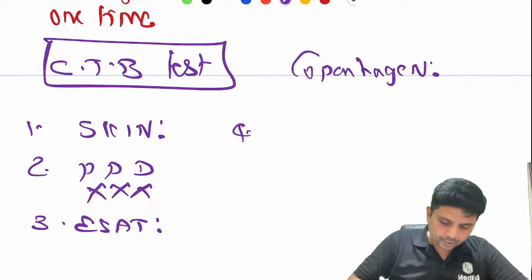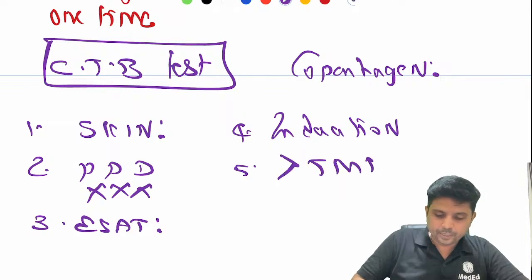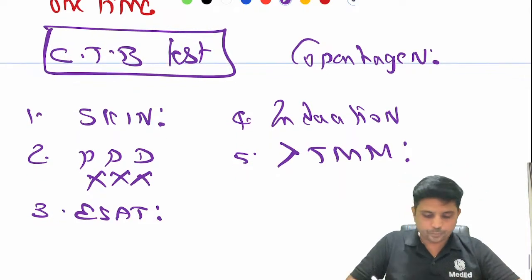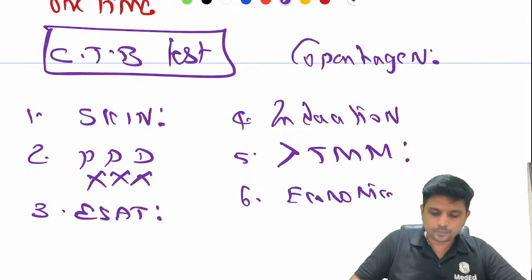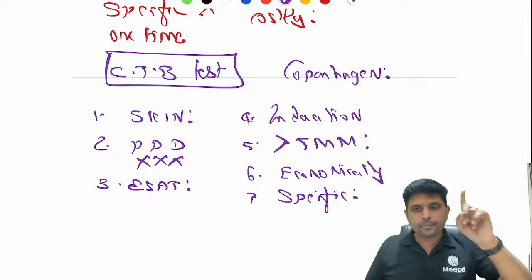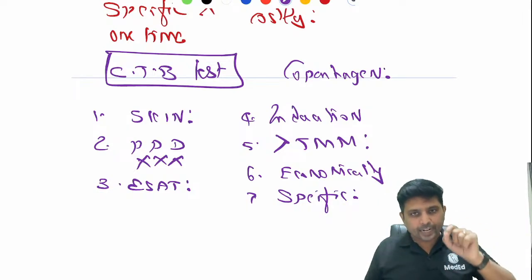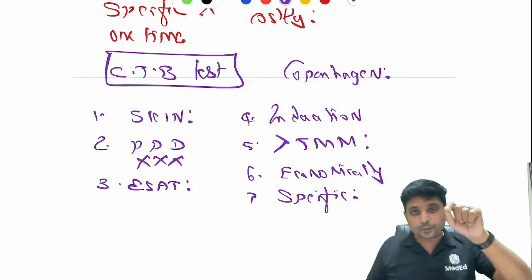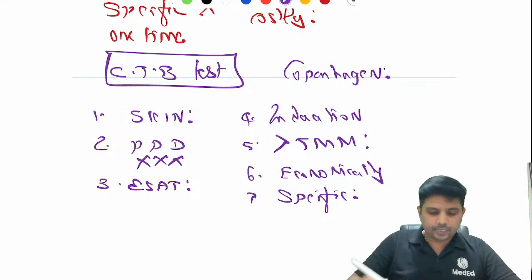So they measure the induration like Mantoux, but an induration of more than 5 millimeters is considered positive. It is economical like Mantoux, and at the same time it is specific. This is called the CTB test, the future test of choice to find out infection. Okay, right. These are all the indirect tests.